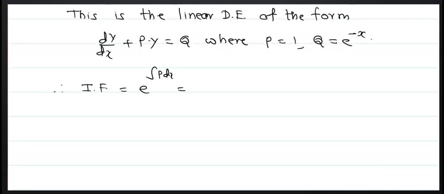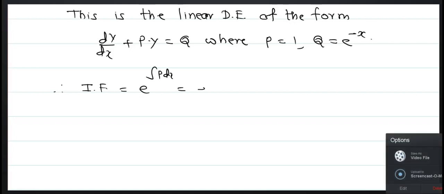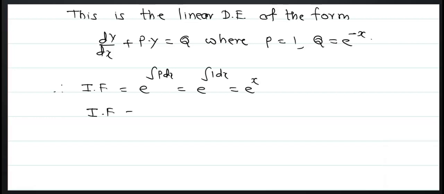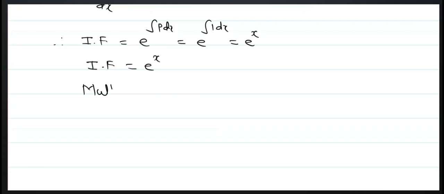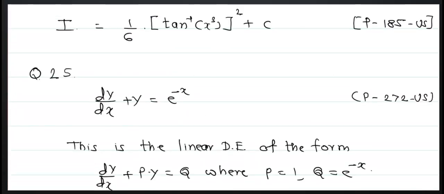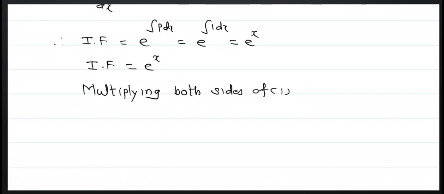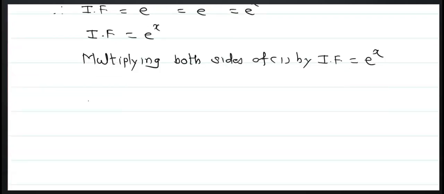Integrating factor is equal to e raised to integral p dx. The value of p is 1, therefore it is e raised to x. The integrating factor is e raised to x; multiply on both sides of the equation by it.